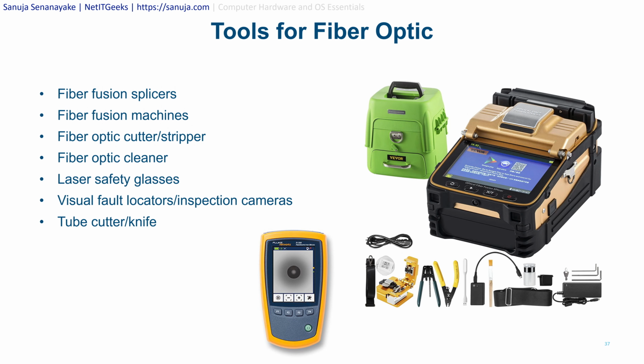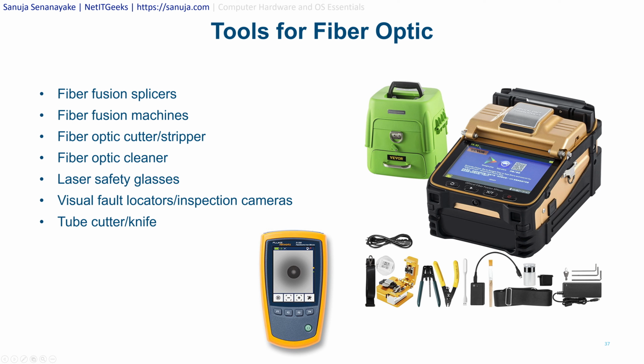And when it comes to tools for fiber optic, there are fiber fusion splicers, fiber fusion machines, fiber optic cutters and strippers, fiber optic cleaners, laser safety glasses, visual fault locators or inspection cameras, and tube cutters and knives. So these are all part of the toolbox that you should be using for fiber optic.